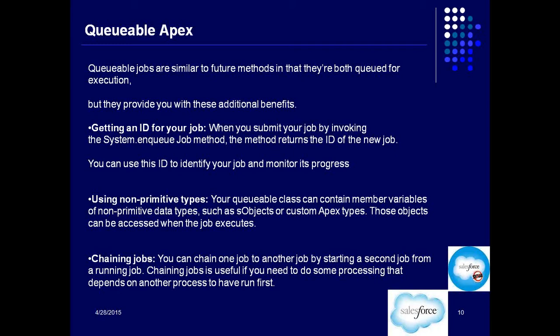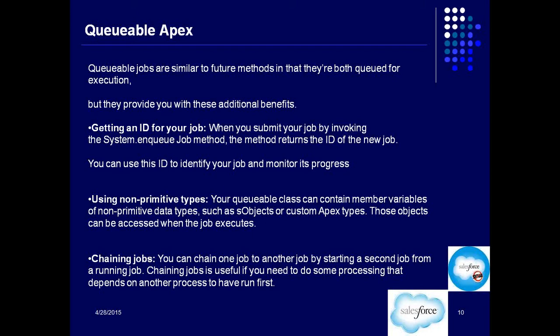Chaining jobs means you can chain one job to another job by starting a second job from a running job. Let's say there is a job 1 and a job 2. Job 1 is cleansing of the database, and job 2 is sending emails to some people. You can have a queuable class for cleansing of the database. It goes and performs a search on all the records, finds them, cleanses the database, updates the records and all that.